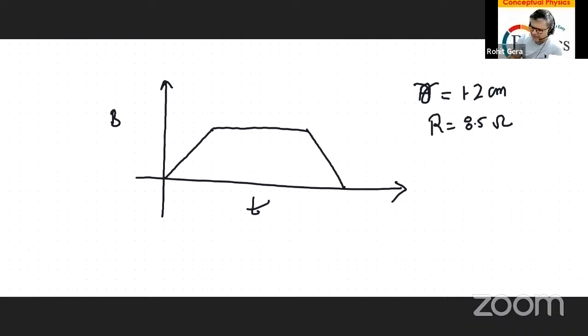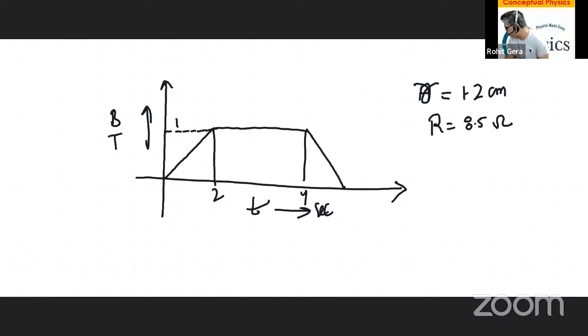ये the magnetic field versus टेस्ला वर्सेस टाइम का ग्राफ है सेकेंड्स में, और ये वैल्यूज भी दे रखी हैं ग्राफ के ऊपर, क्या क्या वैल्यूज हैं. So this is at 2 second, this is at 4 second, and this is 1 Tesla. You can see in the first 2 seconds the magnetic field is increasing.